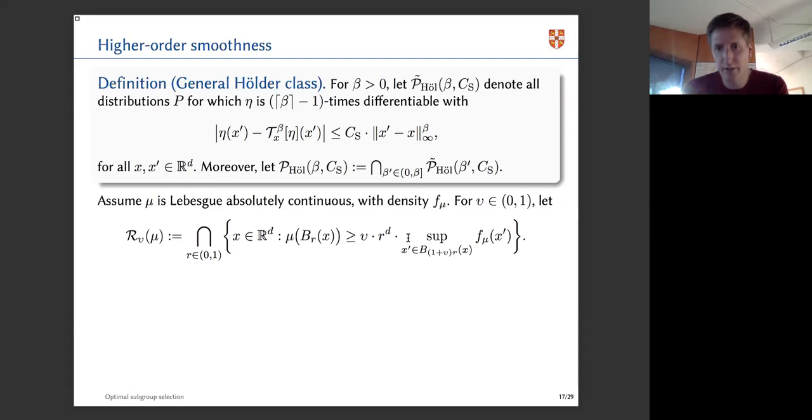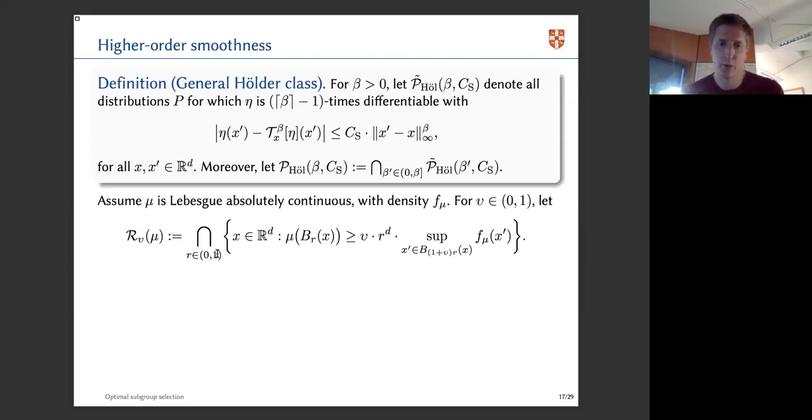Now I'm actually making this right-hand side larger than the density at the center because I'm taking a supremum of the density over the ball. And then I still want there to exist some epsilon that means I don't change things too much in that case. And I want that to be true for every r. So I want this set to be big, ideally.